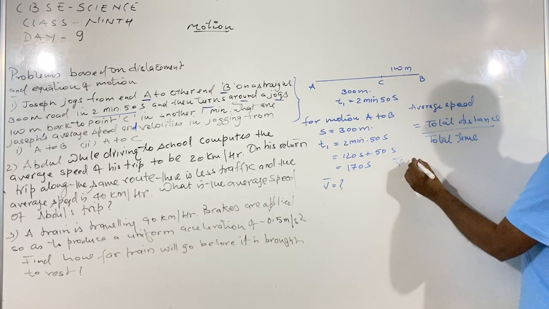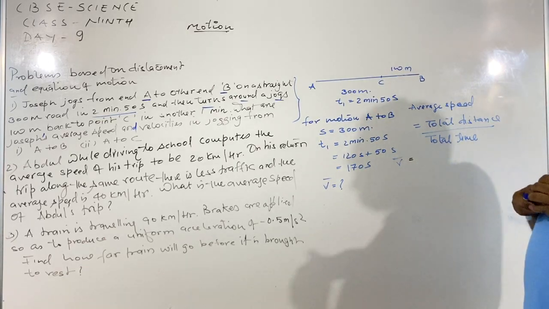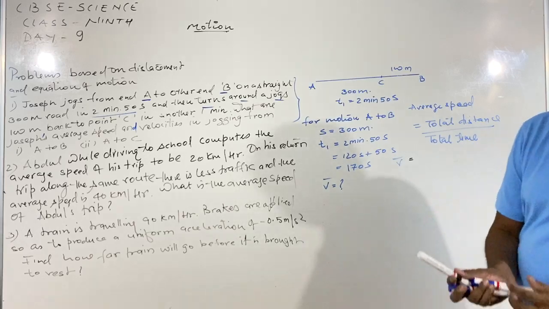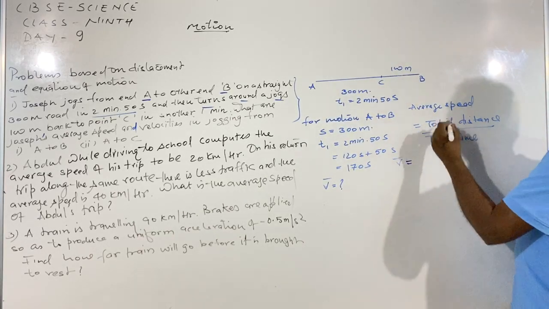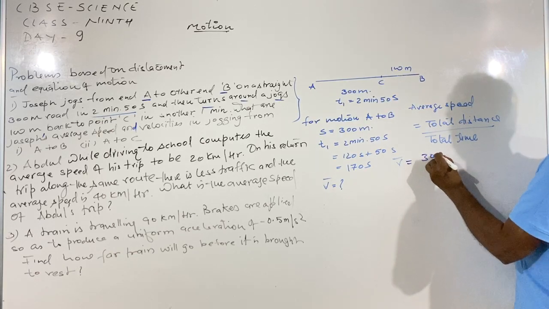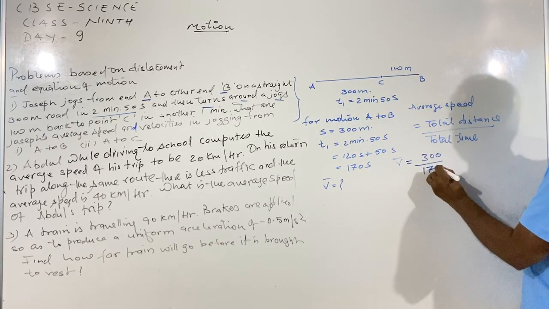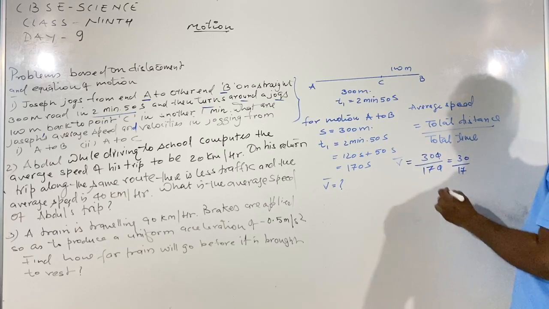So average speed is equal to total distance 300 meter, total time 170 seconds, that is 30 over 17.